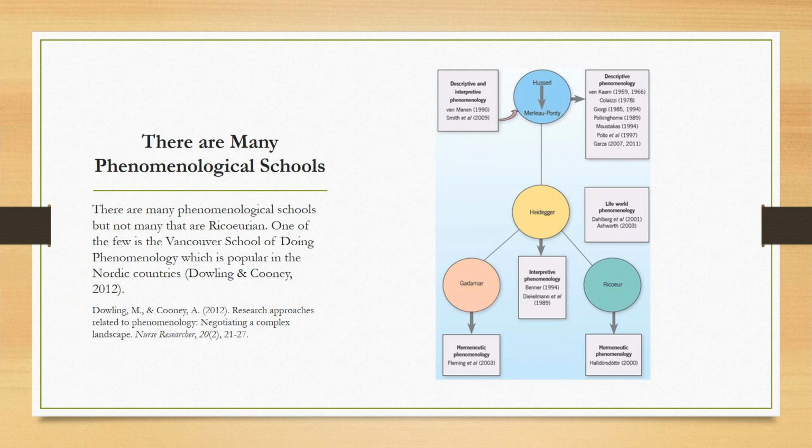I was wondering, why is it that you connect Ricoeur so specifically to the Vancouver School? Maybe it's just my interpretation, but I can somehow relate it to many other phenomenologists, in a very broad sense of the word.